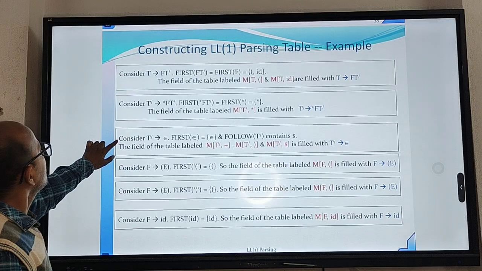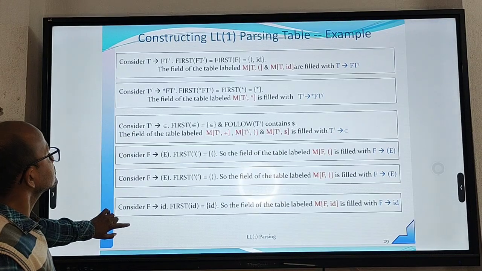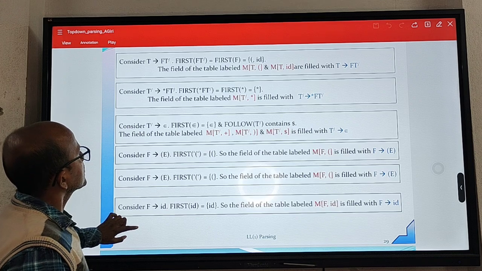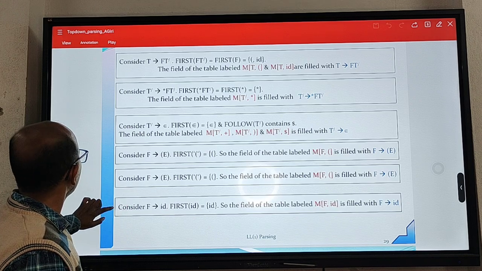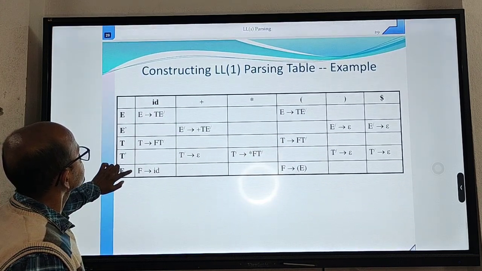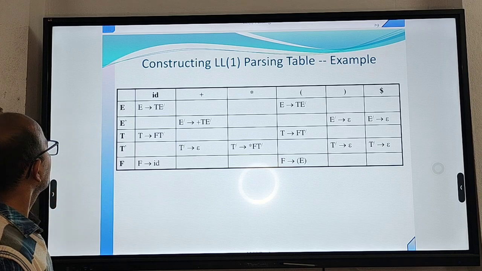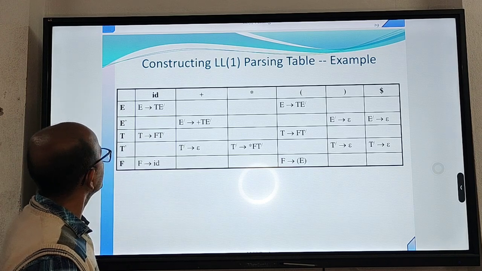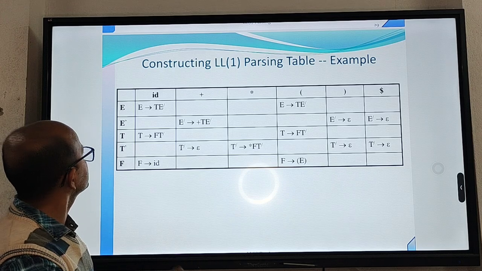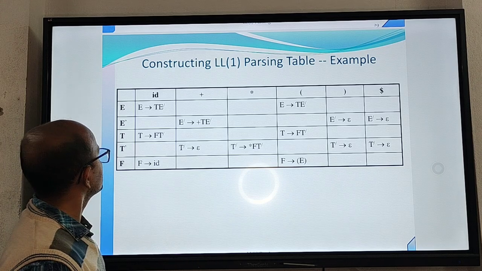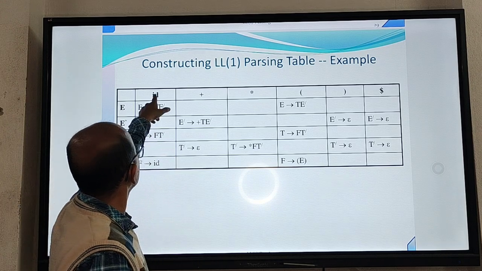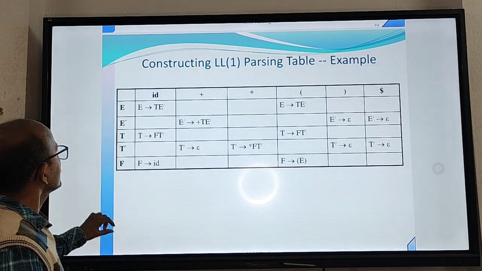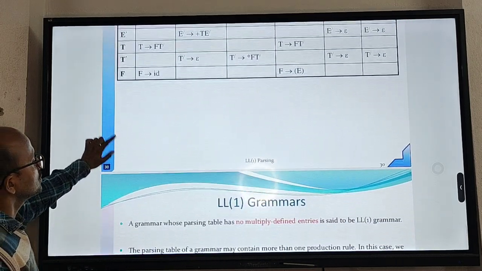So similarly, for the other production rules, we have to input each production rule into the particular entry of your parsing table. For the first rule we have calculated the right hand side: we have seen left parenthesis is the first symbol, and the id. So in the id column and the left parenthesis column we have included this one. So similarly for the others also.